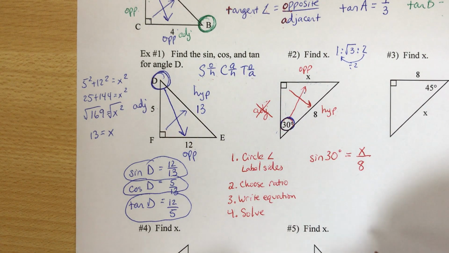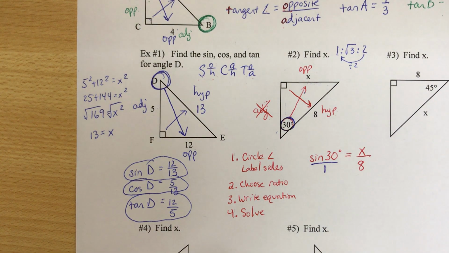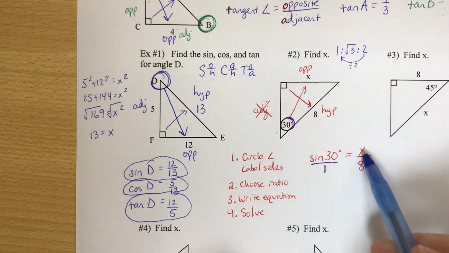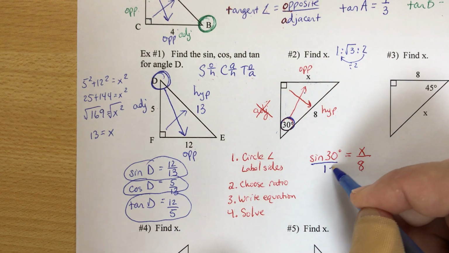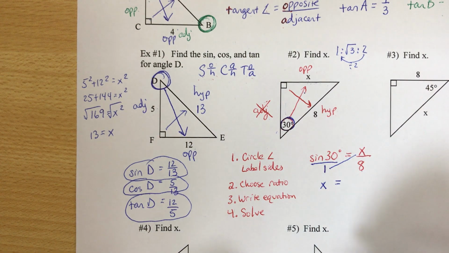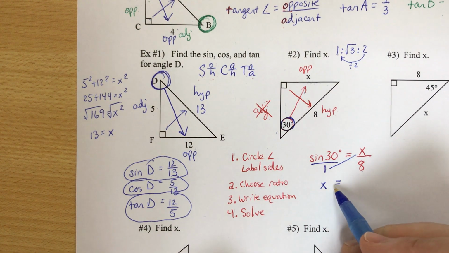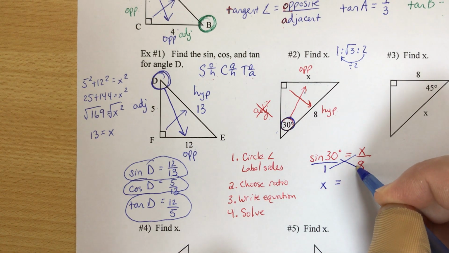Now here's what I'm going to do on this. I'm going to put this sine of 30 degrees over 1, which creates a proportion. Well, how do you solve a proportion? We cross multiply. So 1 times x is just x equals, remember this is an equation, so I put the equal sign. Now, the sine of 30 is going to multiply 8.